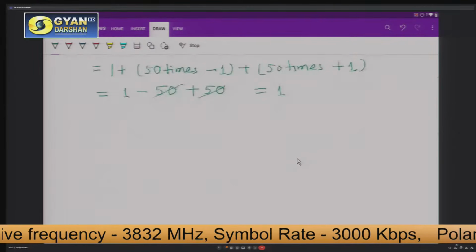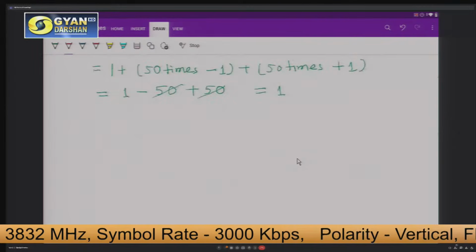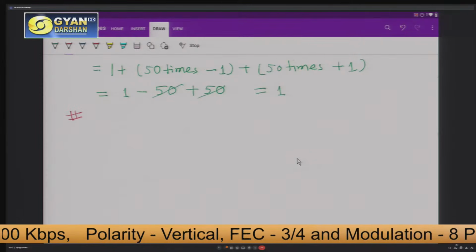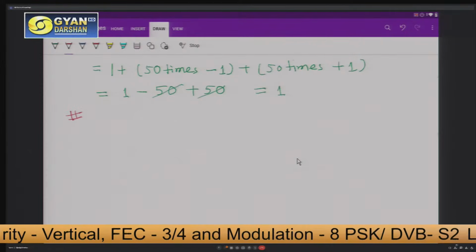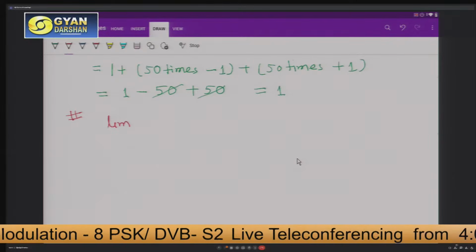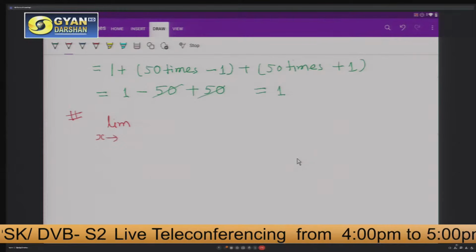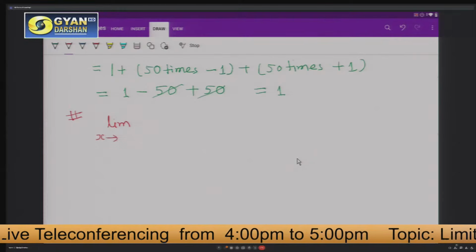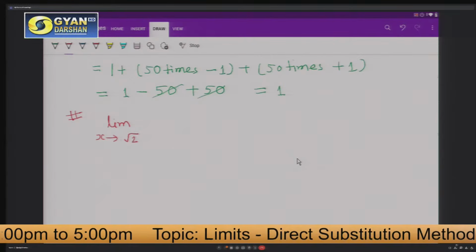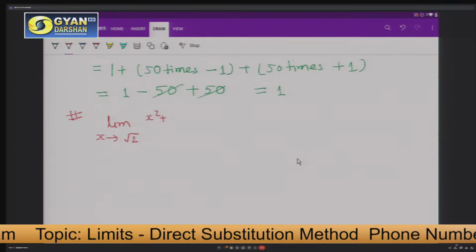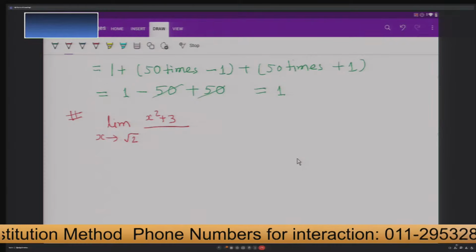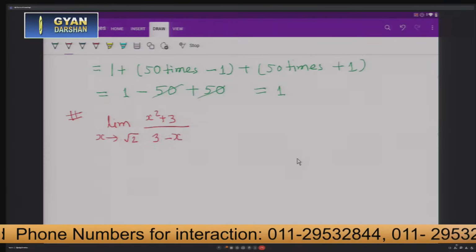Now let us take another example. Limit x tends to root 2 of (x square plus 3) divided by (3 minus x to the power 4).